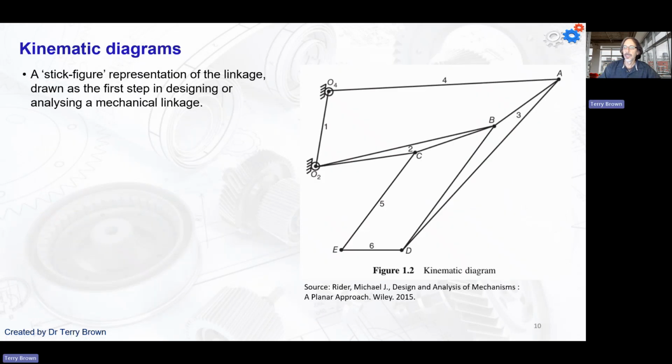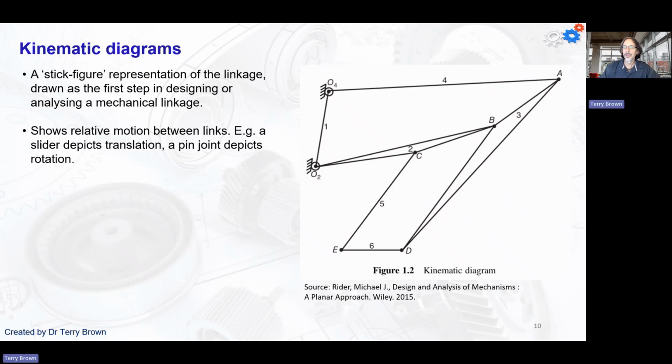So just some words here to explain what it's all about. The stick figure representation of the linkage is the first step in designing or analyzing a mechanical linkage, and shows the relative motion. In a static drawing like this, you can't really tell much, but it does tell you what the relative motion is between them.